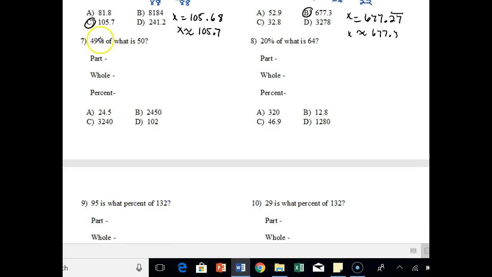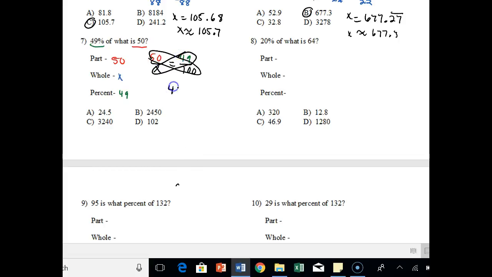So 49%, that's a percent of what? Don't know it, is 50. So 50 over x is equal to 49 over 100, right? So do this multiplication and this multiplication.